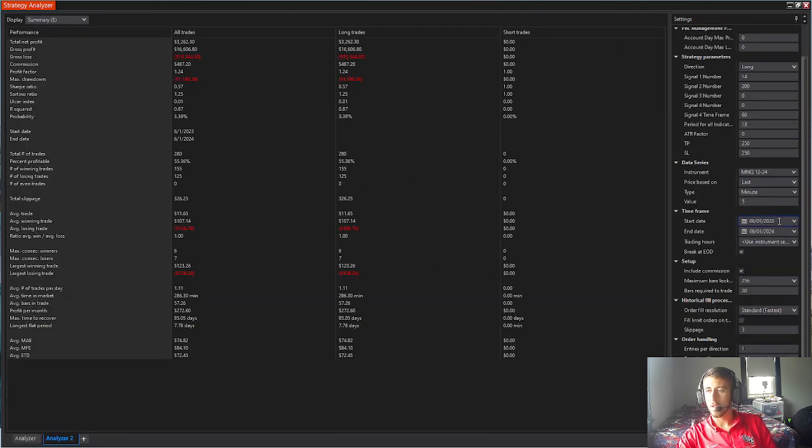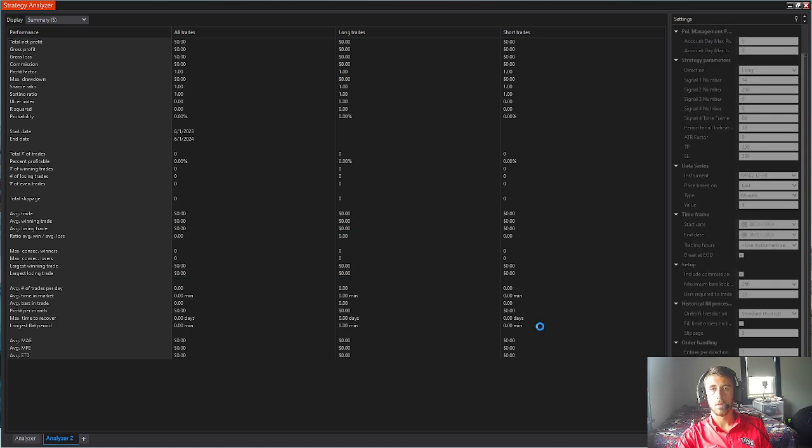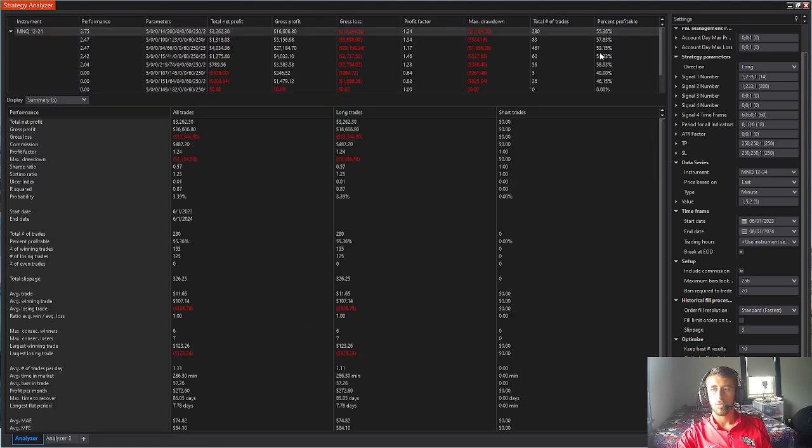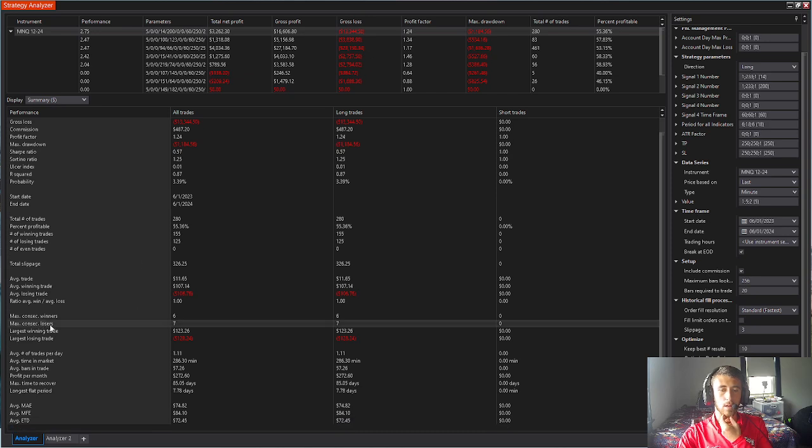So let's just check this on from June 1st till now, just to make sure it's still more or less that percentage. Percent profitable, still 50%. Let's see.